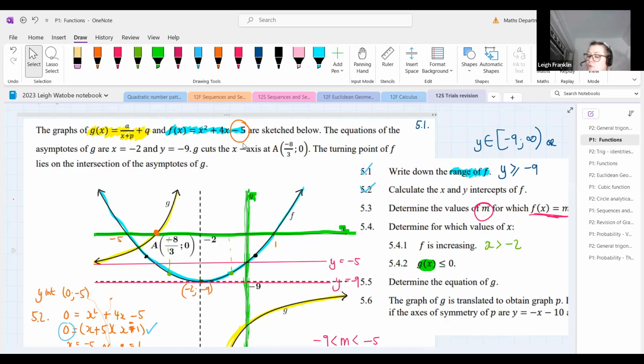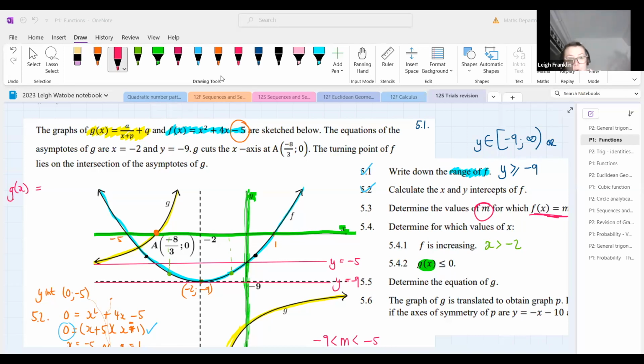So what do we know straight away? We've got the asymptotes. Good, lovely. We've got the horizontal asymptote and we've got the vertical asymptote.